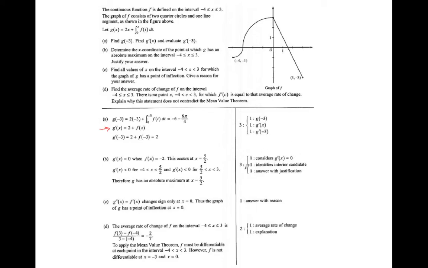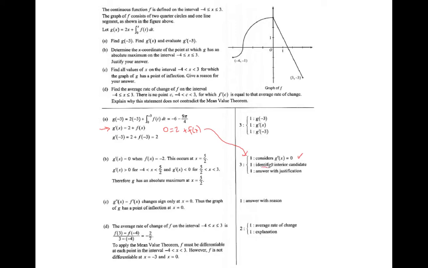Then here, notice that for these 3 points, you have to say where the derivative is equal to 0. Now, setting this derivative equal to 0: 0 is equal to 2 plus f of x. So that's what it means to set the derivative equal to 0 here.